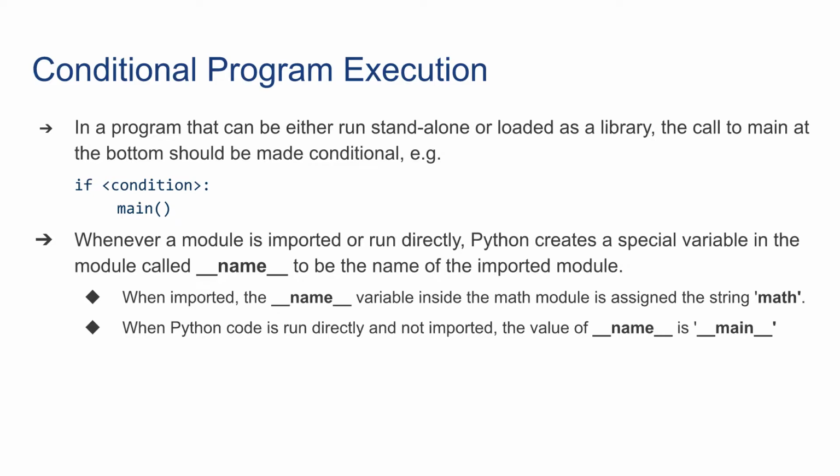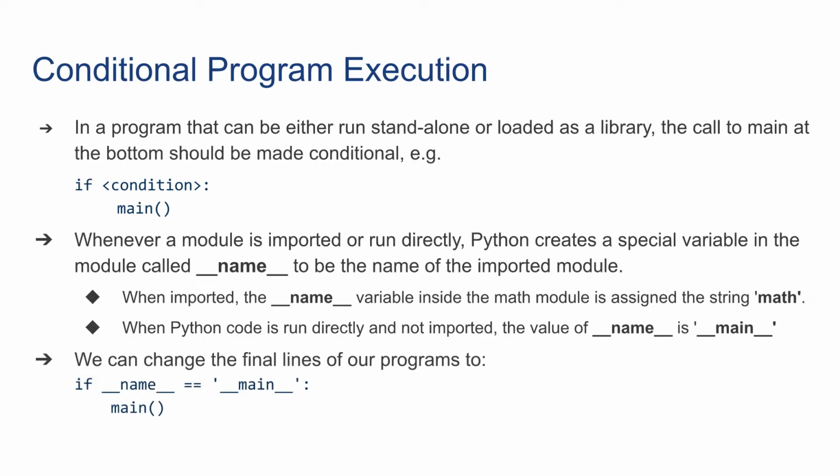When Python code is run directly and not imported, the value of __name__ is __main__. We can change the final lines of our program to: if __name__ is equal to __main__, and if that's true, we can run the main function. And let's test this in an example.